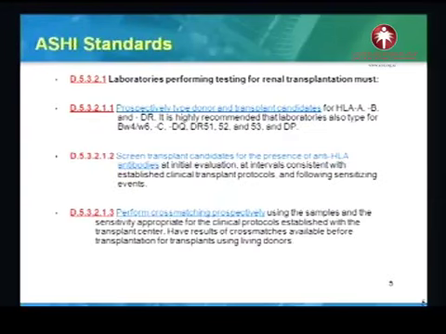Since we are a laboratory, we follow our accreditation agency, ASHI, which mandates that laboratories performing testing for renal transplantation should prospectively type donor and transplant candidates for HLA antigens, which Maha talked about. Also, they should screen transplant candidates for the presence of anti-HLA antibodies, which I will be talking about, and also mandates performing cross-match prospectively.